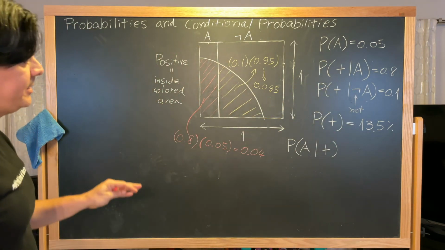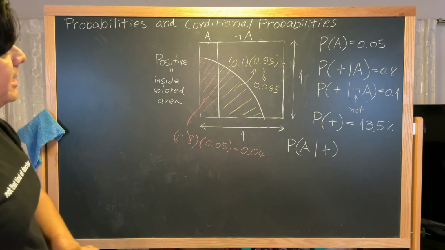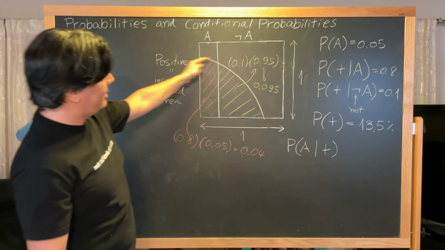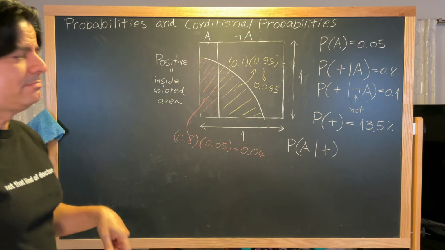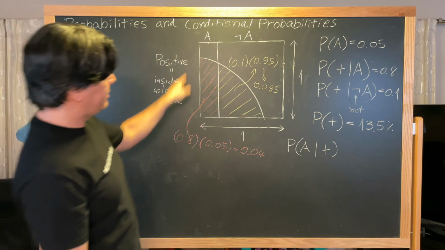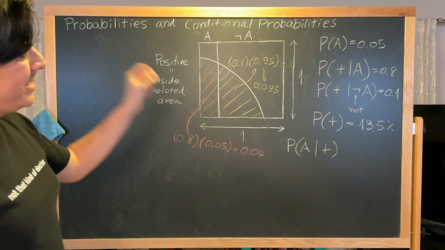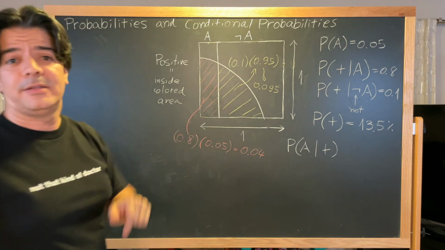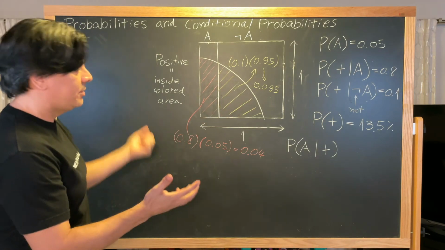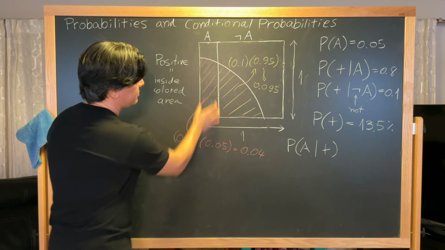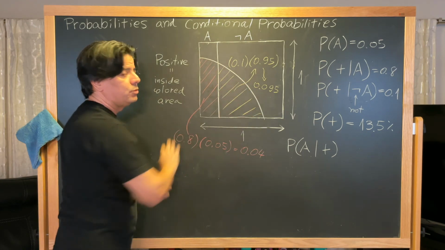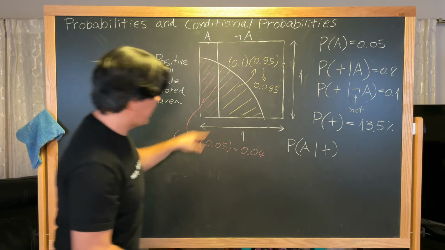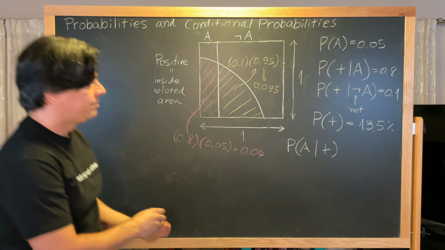Well, same idea. Think about the darts. If I throw a dart and I tell you it fell in the painted area, your question is, given that it fell in the painted area, what is the chance that it fell in the red piece of the painted area? Well, there's just a ratio of the area. How big is this red in relation to everything? Well, the everything we know, we just added the red plus the yellow.